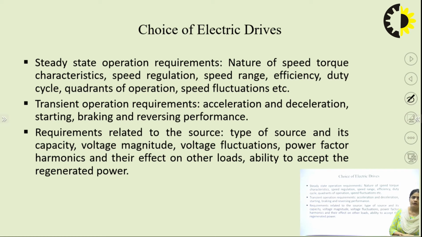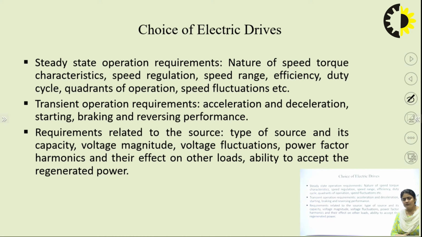So the speed regulation, the speed range, the efficiency, the duty cycle, quadrant operation, and the speed fluctuation, etc. In the transient operation requirement, you must consider acceleration, deceleration, starting, braking, and the reversing performance. Then the requirements related to the source: type of source and its capacity, voltage magnitude, voltage fluctuations, power factor, and harmonics and their effect on other loads, and the ability to accept regenerated power.